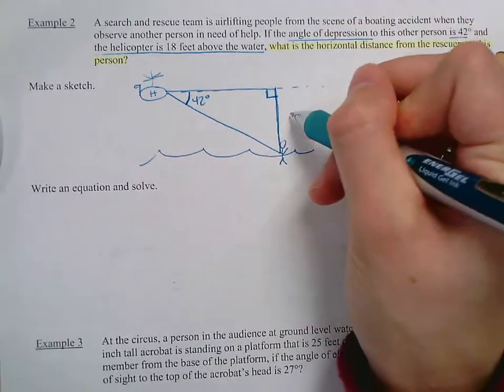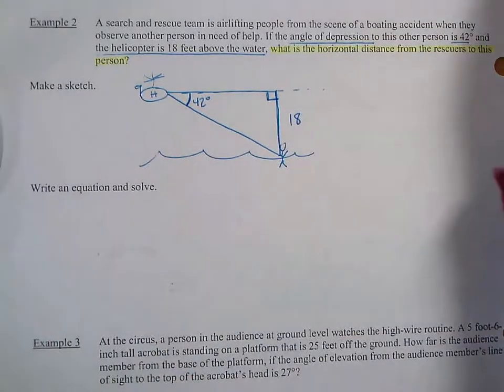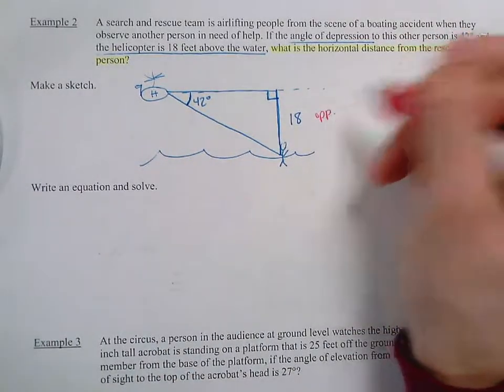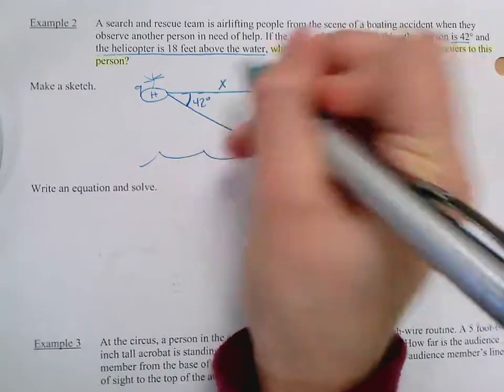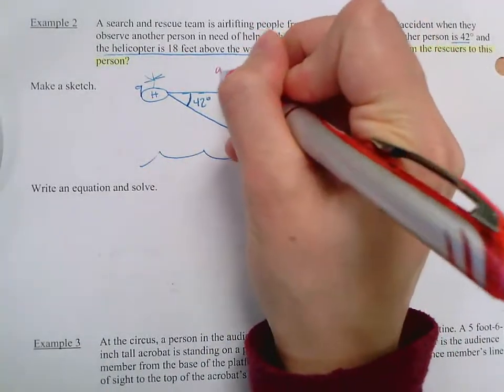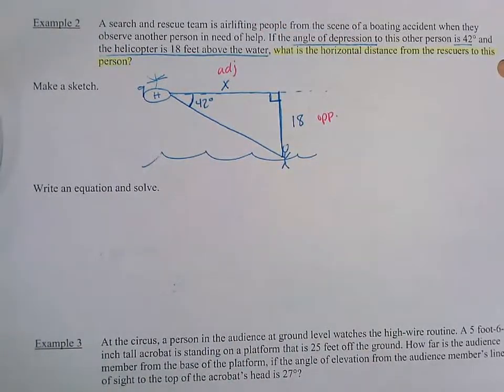So the opposite, the 42, here's the 18. And then I'm looking for the horizontal distance from the rescuers to that person. So what side is my X? I'm going to call it X. The adjacent, X would be here. That's what I'm looking for. Okay, so there's the triangle.